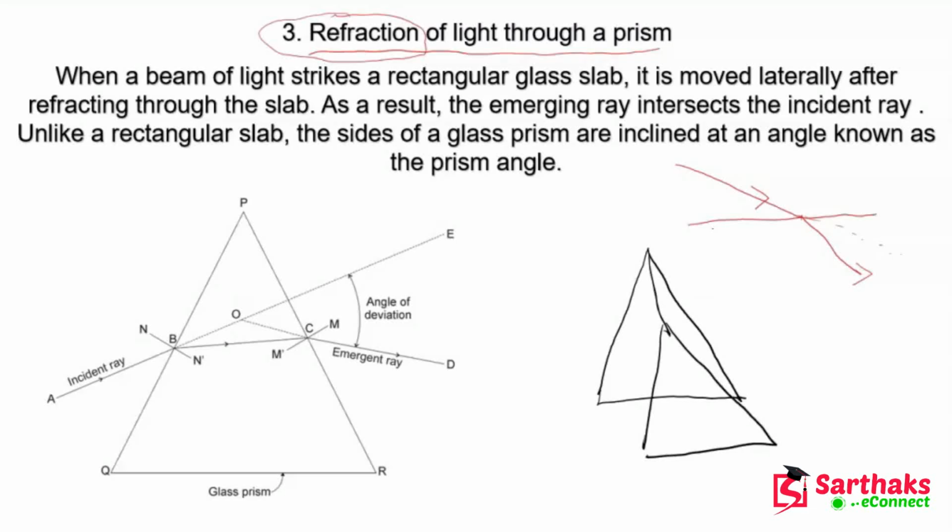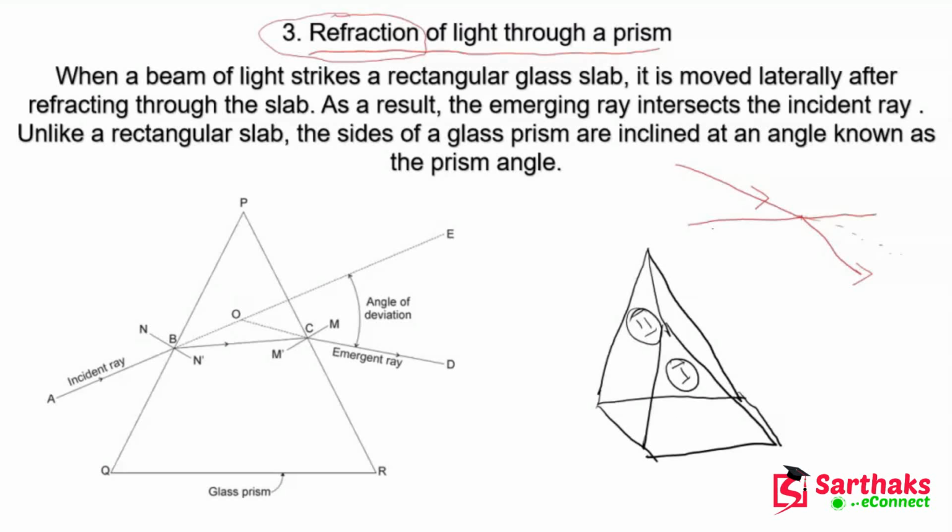Okay, and here it can be clearly seen that this prism has two triangular surfaces. This is triangular surface number first and this is triangular surface number second, and it has three rectangular lateral surfaces.